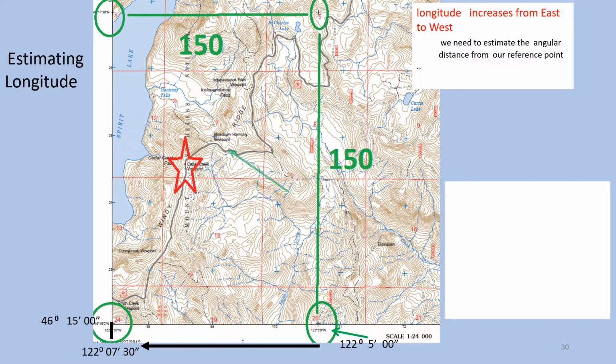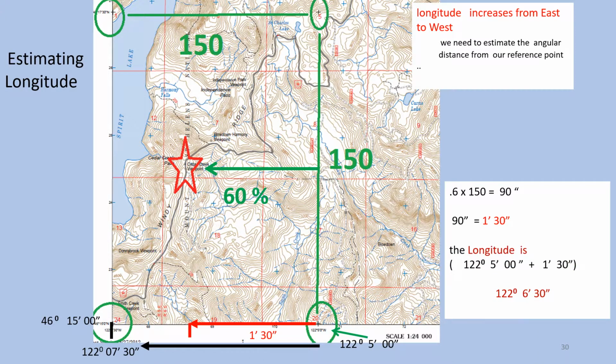Use your estimation skills. 60% of 150 seconds is 90 seconds, which converts to 1 minute and 30 seconds. Adding this angle to our reference longitude gives the longitude of the viewpoint.